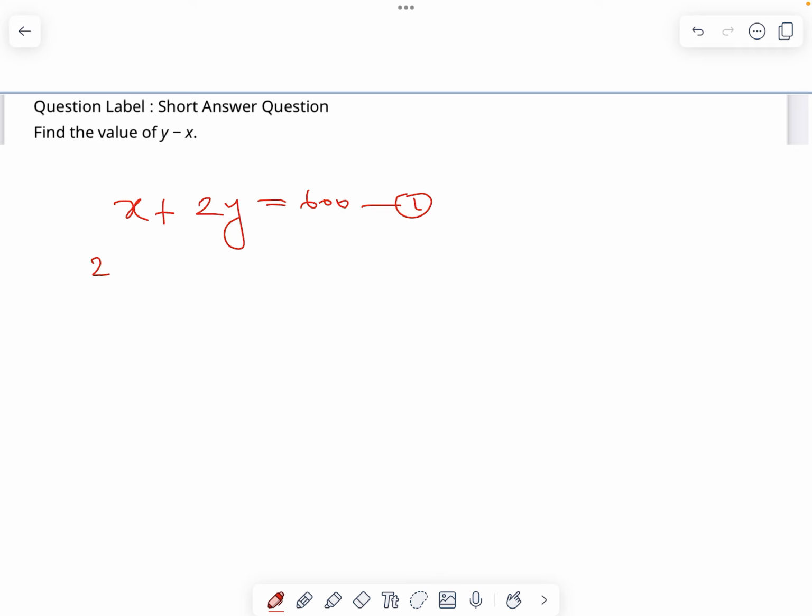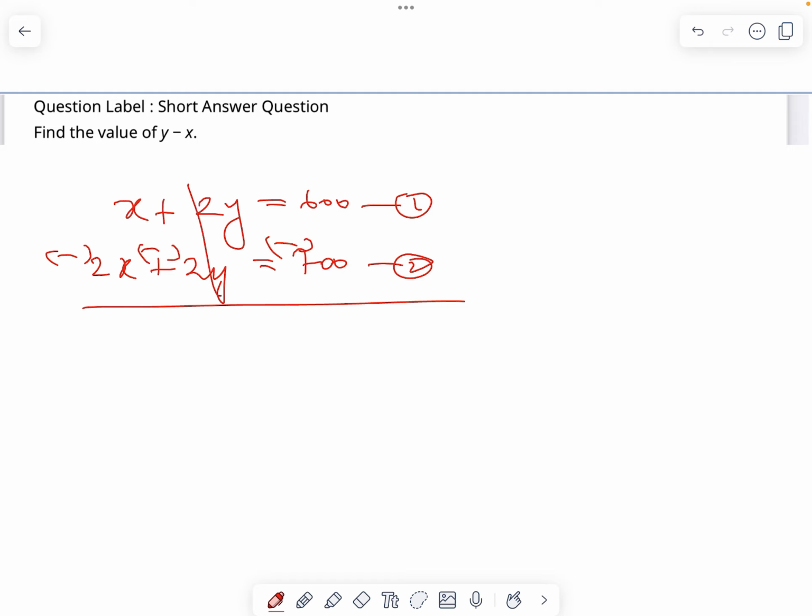Next, 2x plus 2y is equal to 700. We will take this as equation 2. Here which is common? 2y is common. So now change the signs. Cancel 2y. Next, x minus 2x, it is minus x. And 600 minus 700, it is minus 100. So minus and minus are getting cancelled. x is equal to 100.